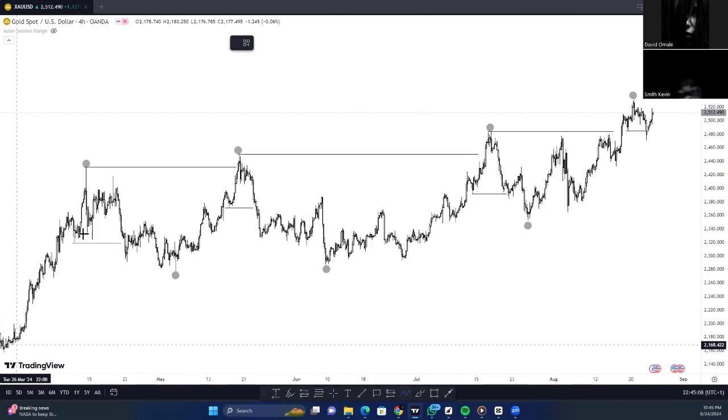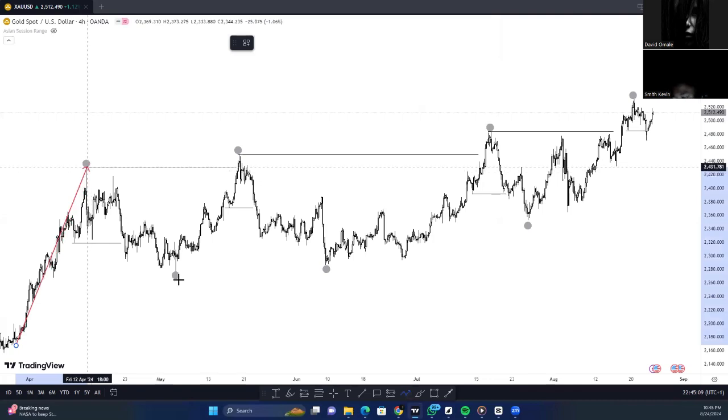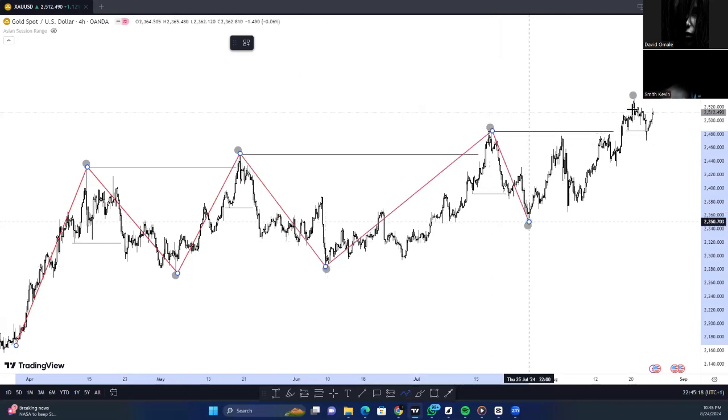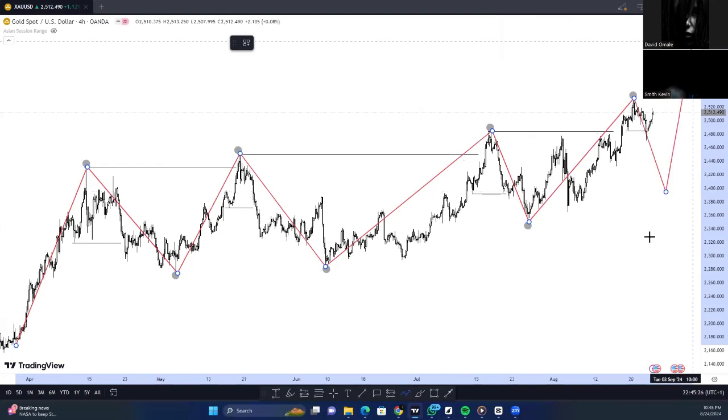So based on our structure mapping, this is what price has been forming: new higher highs and new higher lows. We're expecting price to go to the upside.